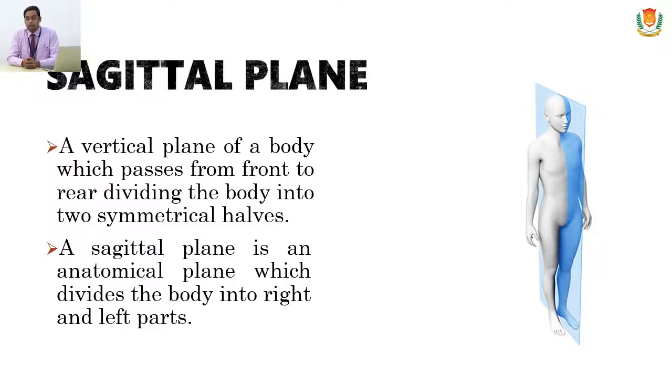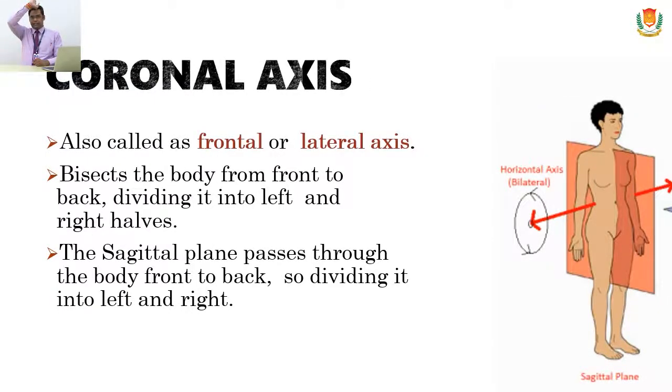It is also known as frontal axis. And one more thing, if the plane is moving like this, the perpendicular should be like this. So it is going from this side and coming out from this side. It's like this pen. This is the sagittal plane and it is piercing it like this. So it is going from this lateral aspect to this lateral aspect.